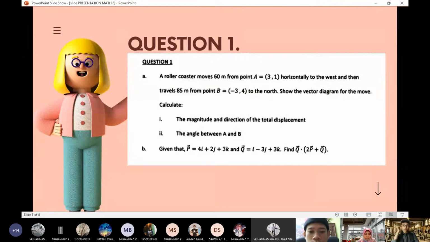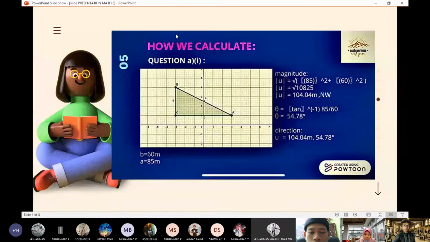We move to question A. We have to find the magnitude, and the formula for magnitude is the square root of y squared plus x squared. For this question, we have the square root of 85 squared plus 16 squared, and we got 104.04 meters northwest.